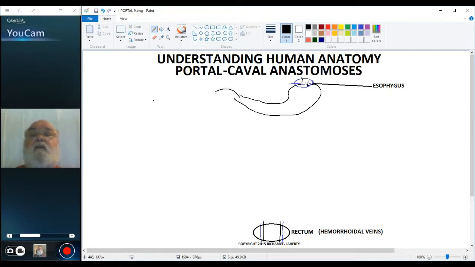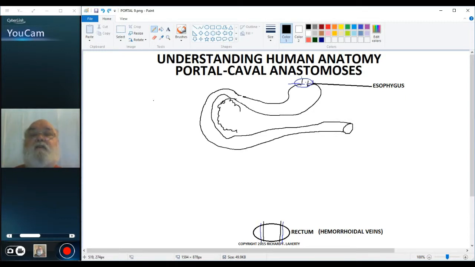So we have the duodenum, and we have the pancreas, sitting in here like so.